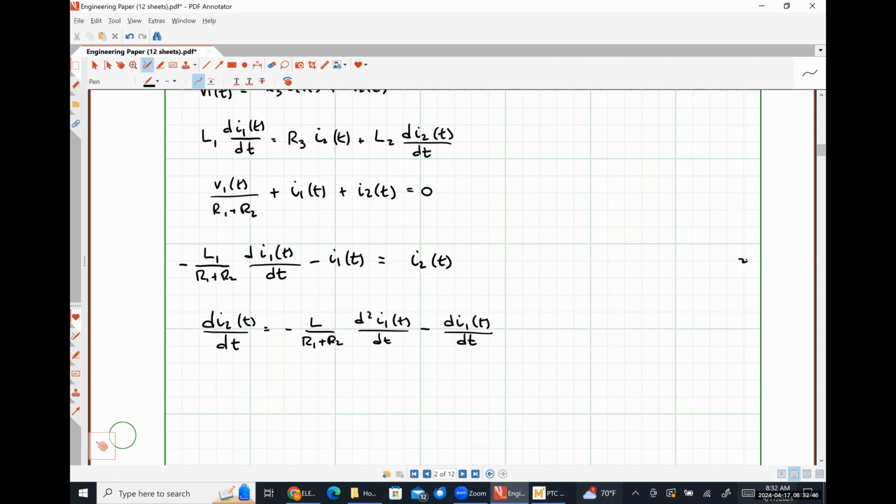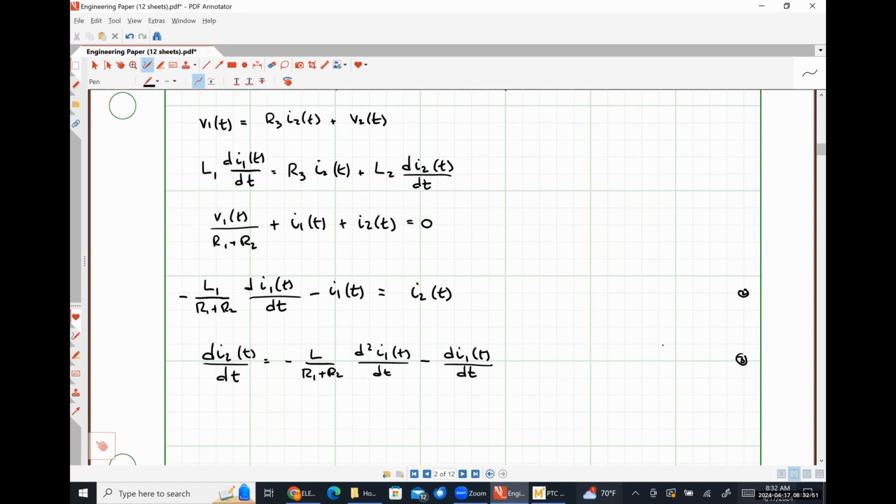So I'm going to call this equation 2, this equation 3, and this one up top equation 1. And I'm just going to substitute 2 and 3 into 1, and that should give me an expression only in terms of I1.